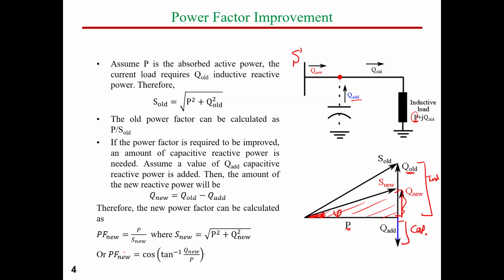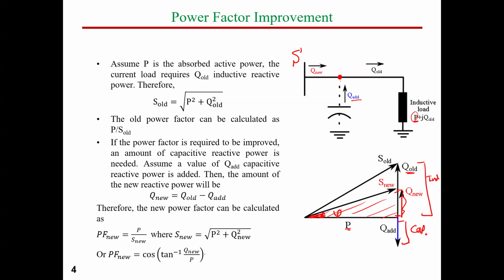So this is the power factor, guys. The power factor new equals cosine of tan inverse of Q new divided by P. Okay. So this is how to calculate the new power factor after correction.